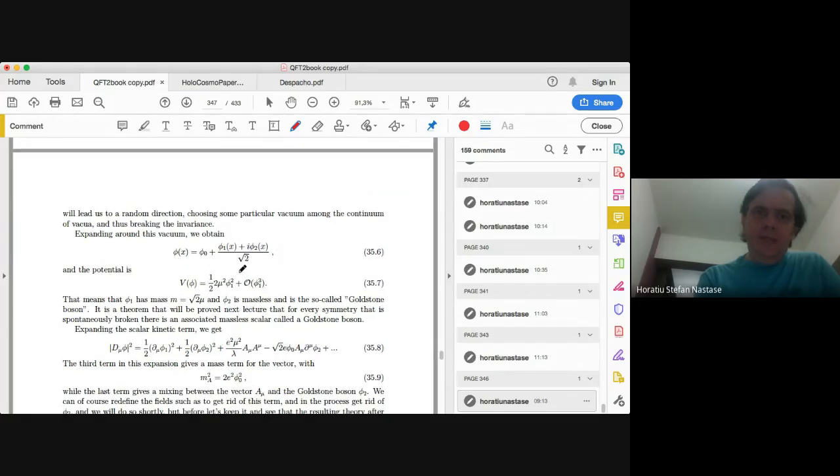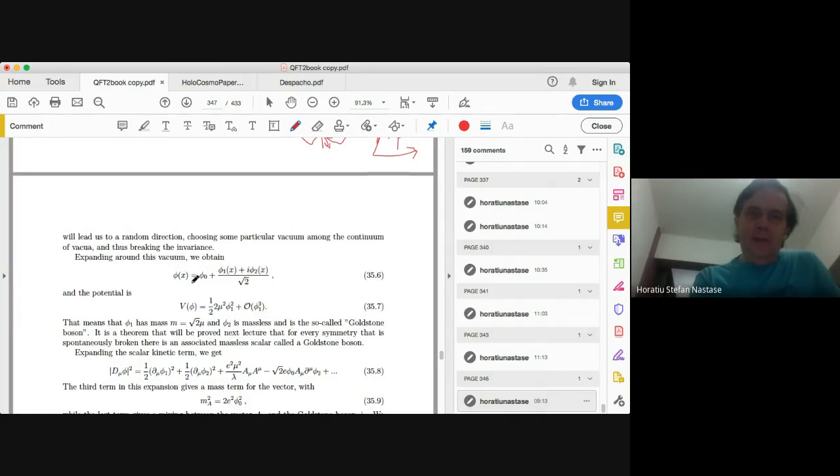The reason for this square root 2 is that if I expand this kinetic term around the phi 0, then the leading terms will be the standard kinetic terms for the real scalars, phi 1 and phi 2, 1/2 d mu phi 1 squared plus 1/2 d mu phi 2 squared.